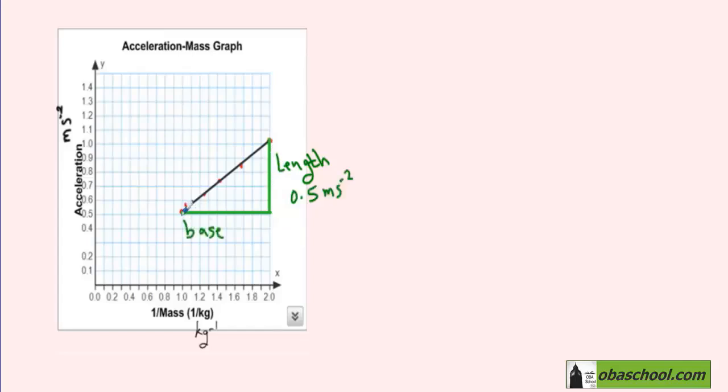Now for the base. The scale here for each square is 0.1. So the base is equal to 1 kilogram to the power minus 1, because the x-axis is 1 over mass. As we did previously, the equation for the gradient is length over base.